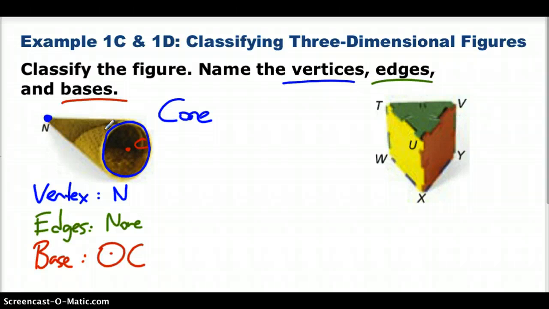Okay. So on this next one, let's see. I can maybe identify a couple of sides here that are opposite of each other, that look kind of parallel, that are connected in 1, 2, 3 places there, okay.